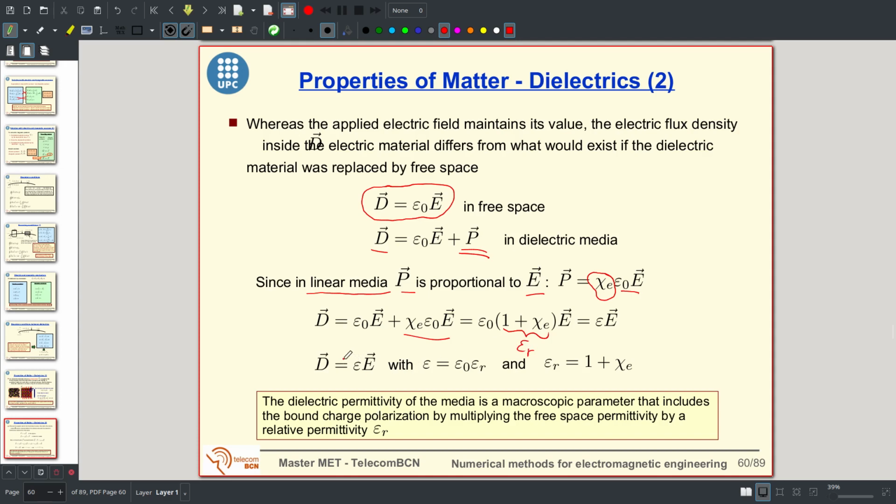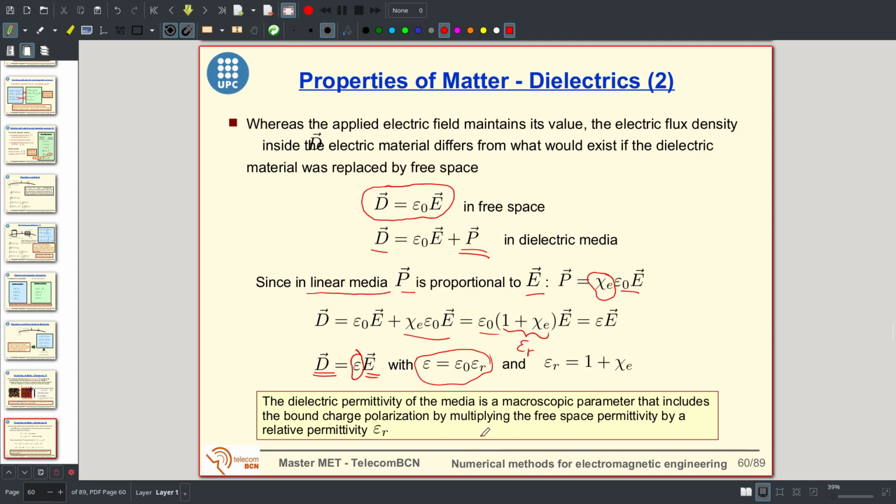We define epsilon, the overall epsilon, as the ratio between the displacement vector and the electric field. It will be equal to epsilon 0 times the relative epsilon, the relative permittivity, and the relative permittivity is 1 plus the susceptibility.